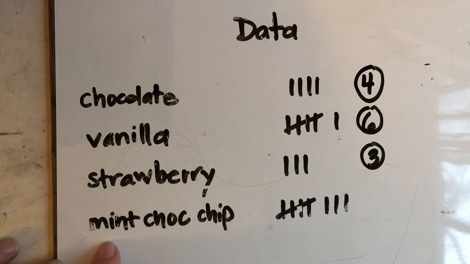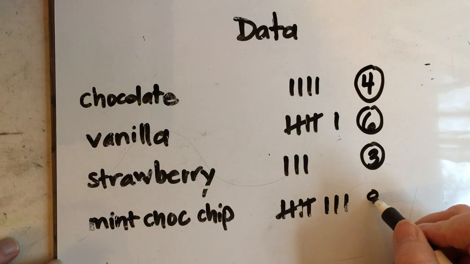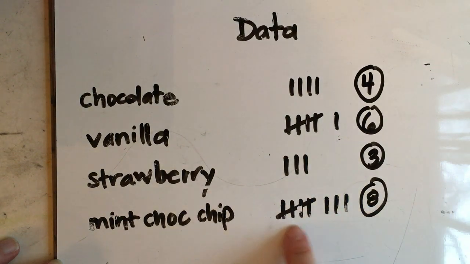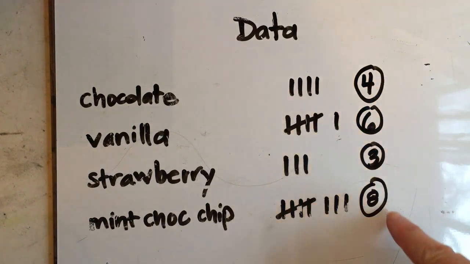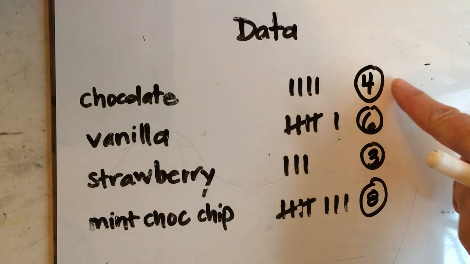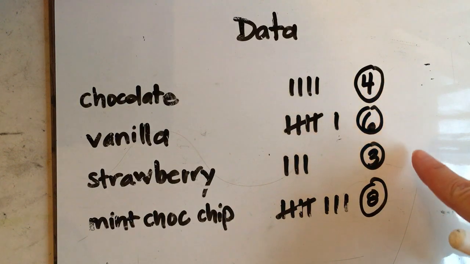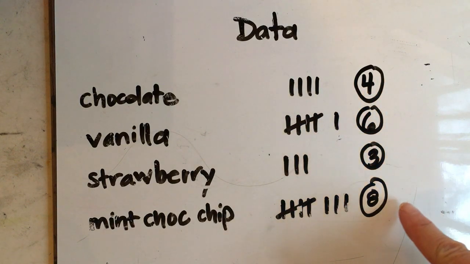And how many people voted for mint chocolate chip? 8. Okay, so I have 5, 6, 7, 8. So those are my totals. 4 voted for chocolate, 6 voted vanilla, 3 voted for strawberry, and 8 voted for mint chocolate chip.